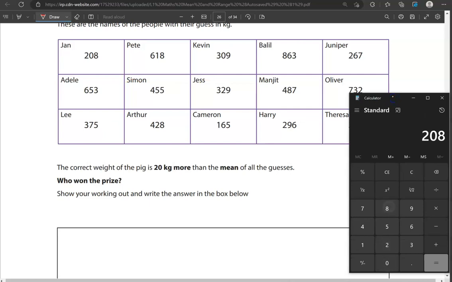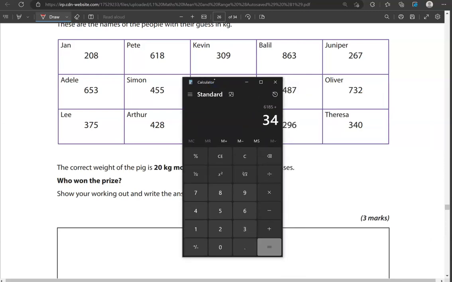So 208 add 618 add 309 add 863 add 267 add 653 add 455 add 329 add 487 add 732 add 375 add 428 add 165 add 296 add 340.